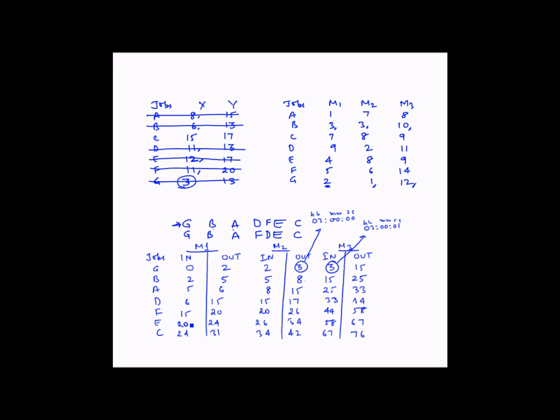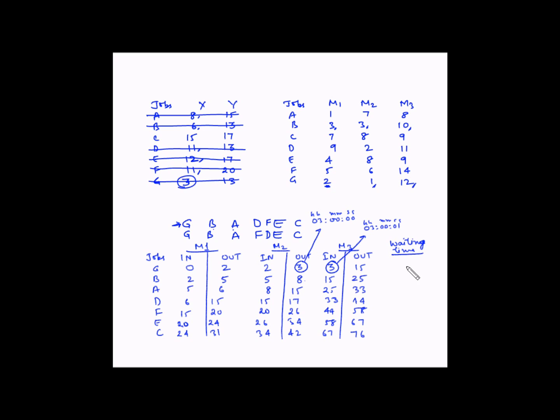Now based on this information, let's calculate the waiting times. For job G, it starts at the 0th instance, comes out on the 2nd instance, goes in at the 2nd instance, comes out at the 3rd, goes into M3 at the 3rd, and comes out at 15.